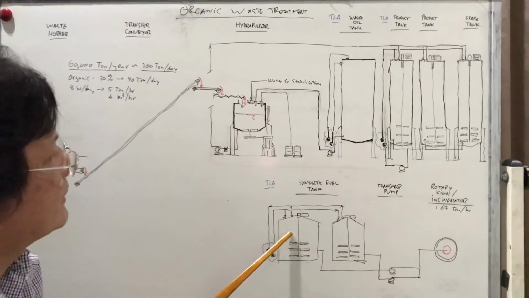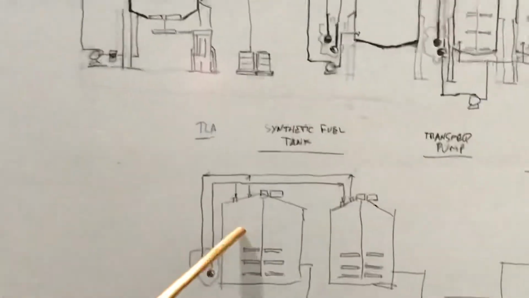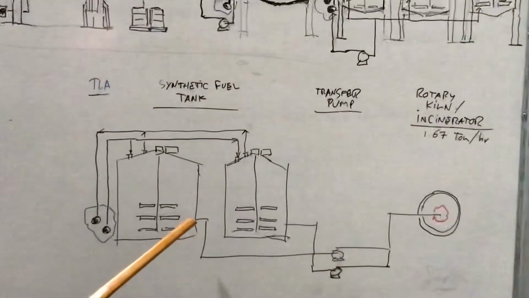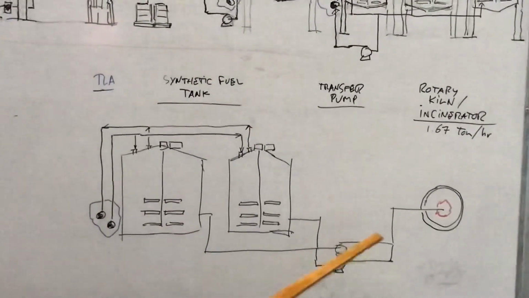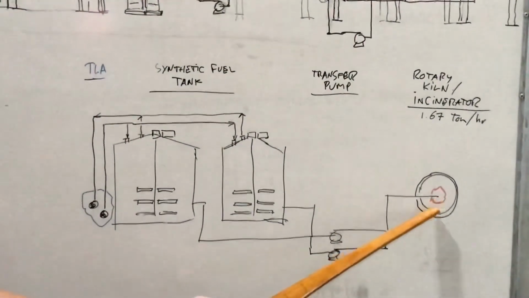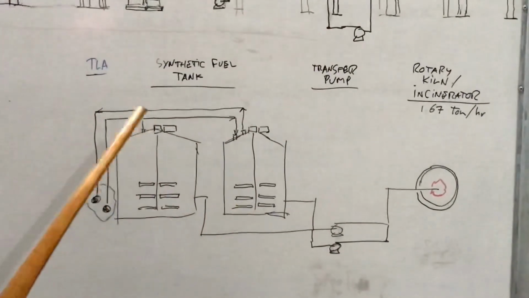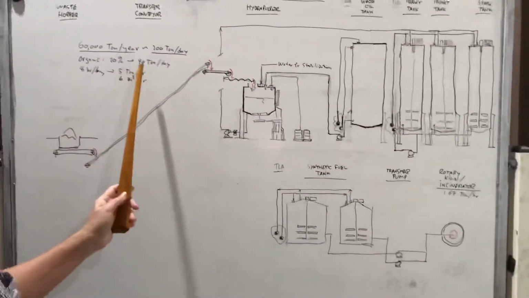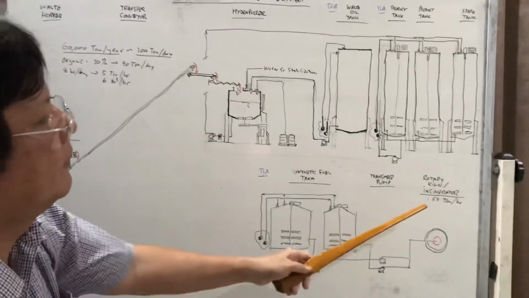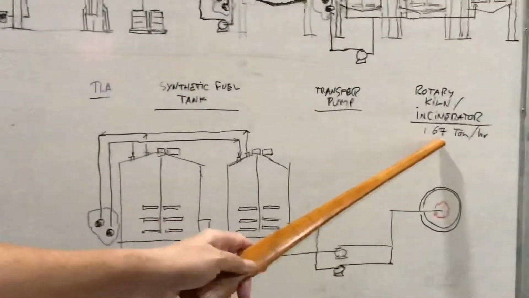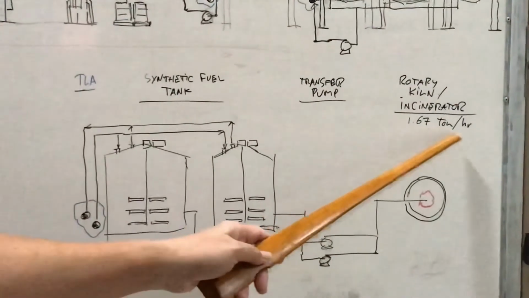So from this synthetic fuel tank, you can transfer to the rotary kiln or incinerator here. If you have 40 tons per day, that means about 1.67 tons per hour.